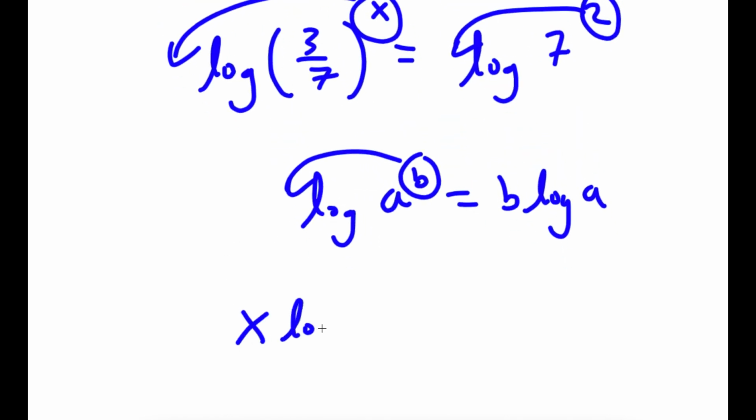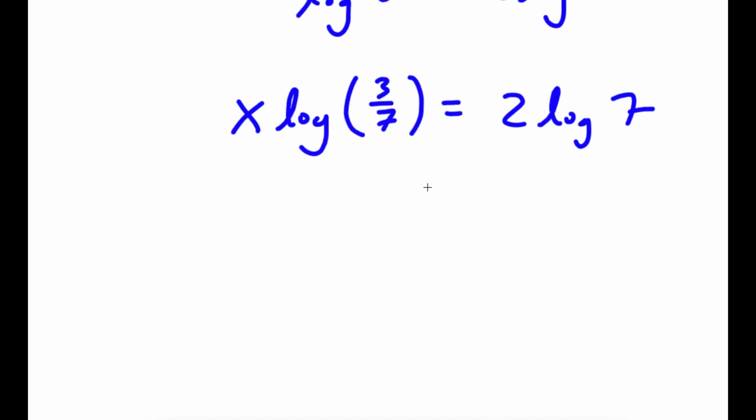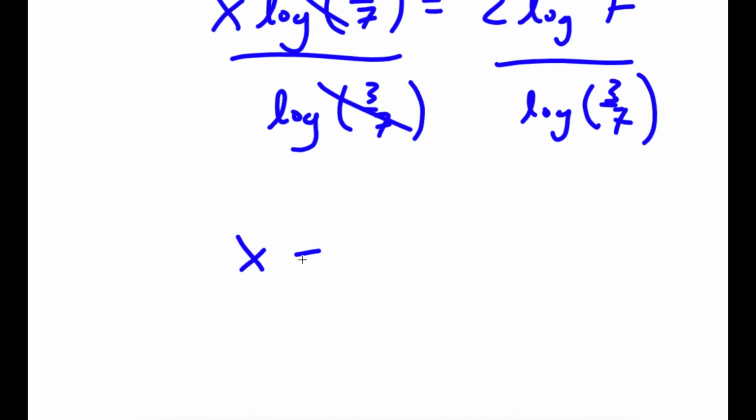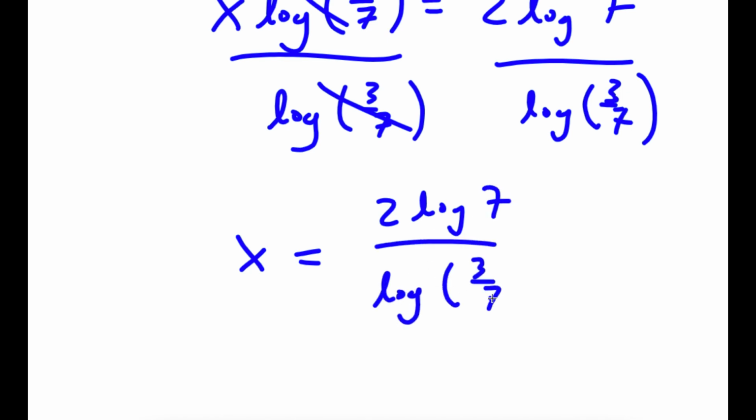So now I have x times log 3 over 7 is equal to 2 times log 7. And now if I divide both sides by log of 3 over 7, these two cancel out, and I have x is equal to 2 log 7 over log 3 over 7.